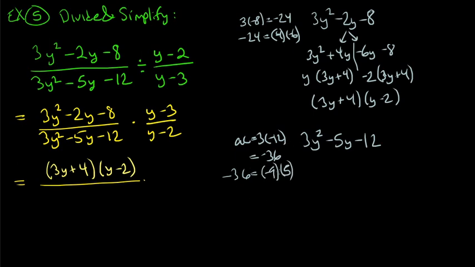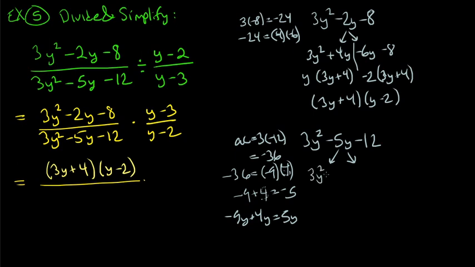Oh, sorry, negative 9 times 4. Oops. Yeah, negative 9 times 5 is negative 45, so that's not going to work. Negative 9 times 4 is negative 36. And negative 9 plus 4 is negative 5. So negative 9y plus 4y is negative 5y. So that's how we split that up.